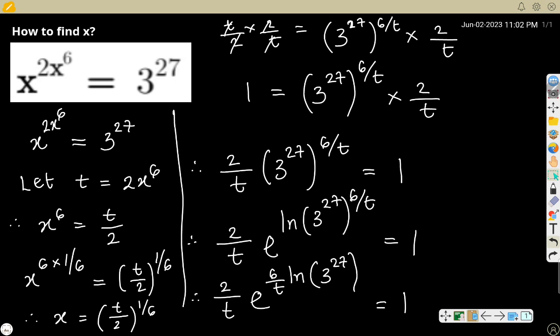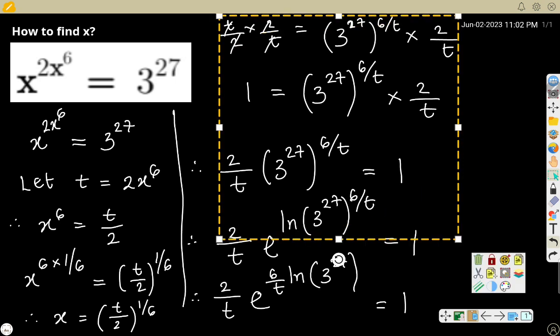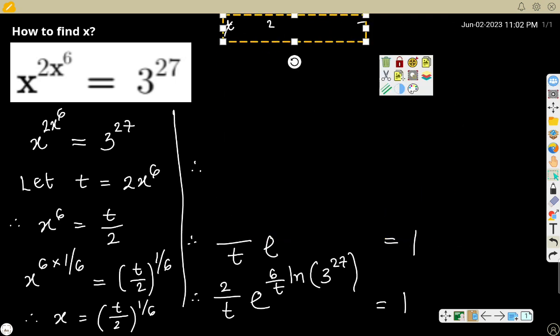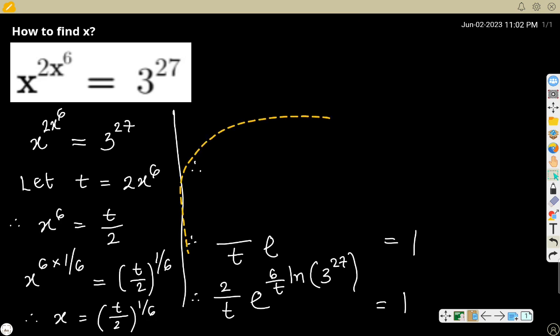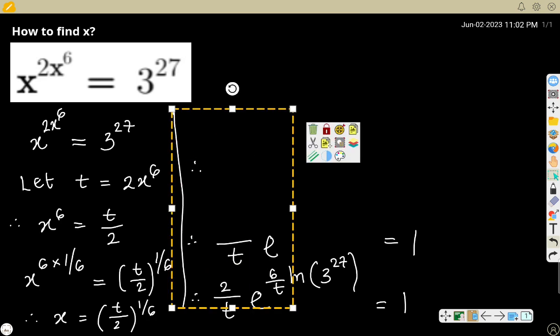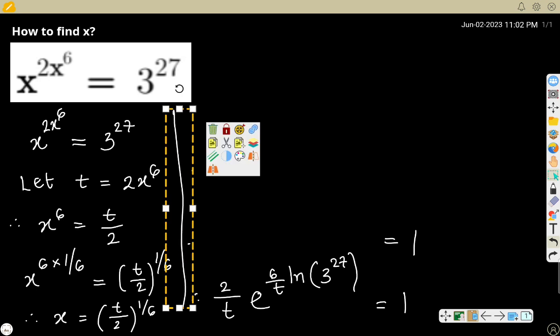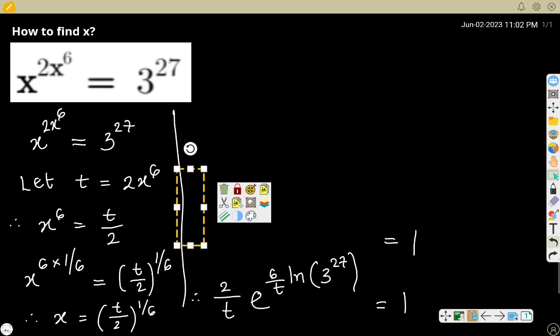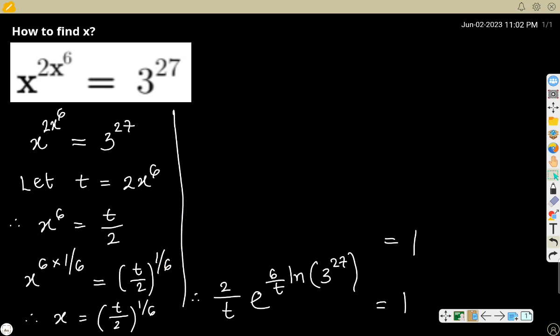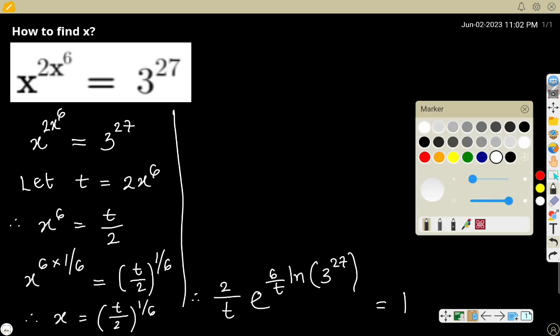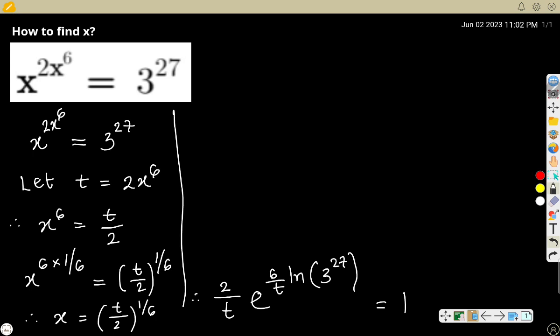So the next step now is, let's multiply everything.